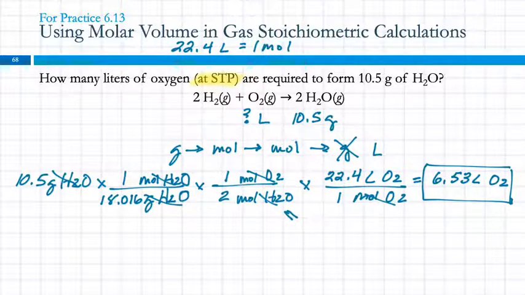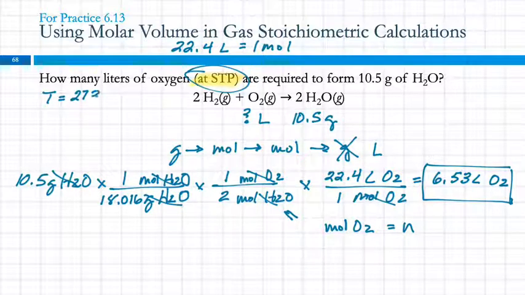So I'd stop here, and I'd end up with moles of oxygen. So that's n. From what they say here, STP, I know that T equals 273 Kelvin and pressure equals 1 atmosphere, because that's the definition of STP.